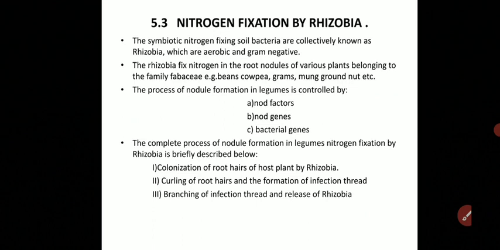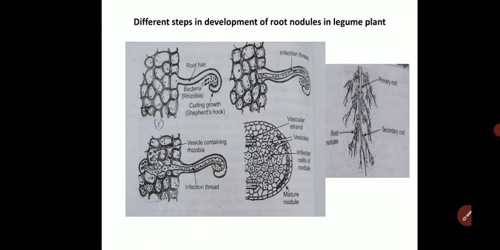The rhizobia fix nitrogen in the root nodules of various plants belonging to the family Fabaceae, those plants which bear pods. For example, beans, cowpeas, gram, moong, groundnut, sesbania, etc. The complete process of symbiotic nitrogen fixation by rhizobia is briefly described in this picture.